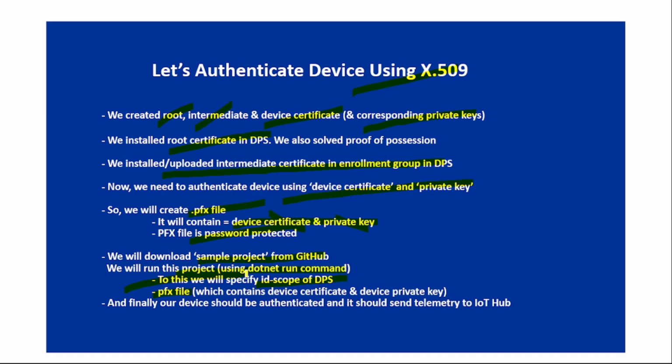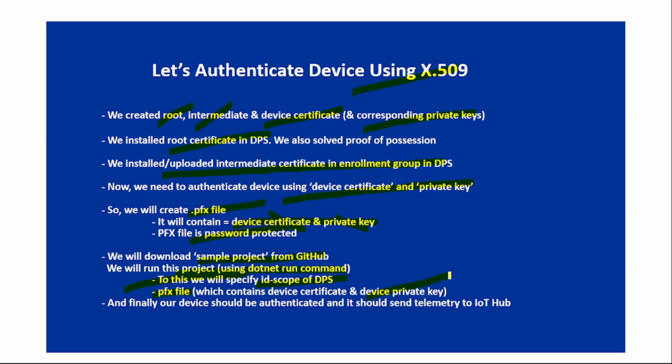And how that will happen is the DPS service will verify that the device certificate was signed by that intermediate certificate, and the intermediate certificate was signed by the root certificate. So it will validate that entire chain, and using the private key, this device will solve that proof of possession challenge. And guys, the proof of possession challenge we have discussed previously.